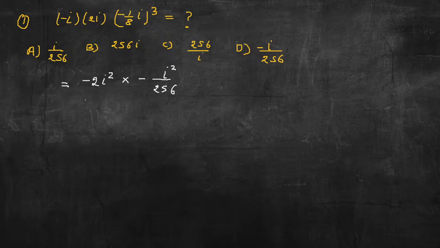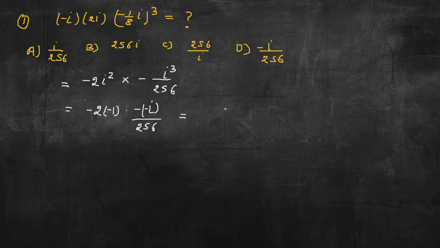And iota cube. Am I right here? Minus 2 iota square will become minus 1, into minus again, and iota cube will become minus of iota, divided by 8 cube, that is 512.